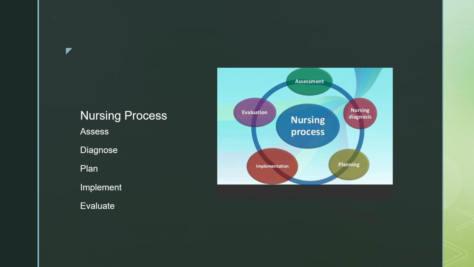Clients should be able to explain hypertension and their needed medications, and they should be able to verbalize ability to follow prescribed therapy. When we're thinking about implementation, we want to always encourage compliance and, as always, provide education regarding the specific medications. When we're evaluating, we want to have the ideal outcome based on those goals, and hopefully that is lowered blood pressure with limited side effects. The patient is able to verbalize the importance of taking their medications.